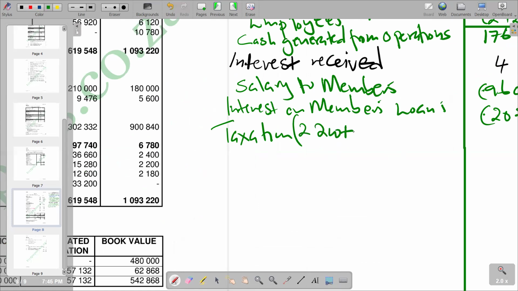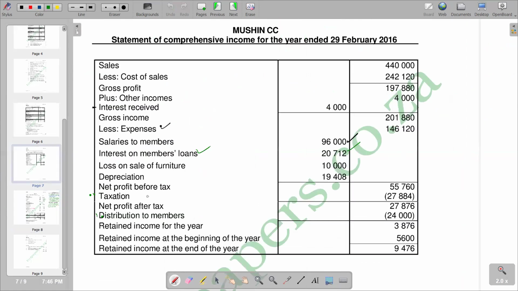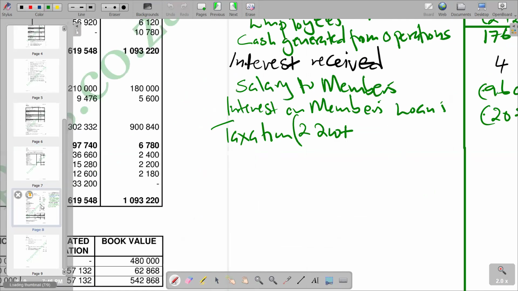Then we add taxation for the period, which we get in the statement of comprehensive income, which is 27,884.